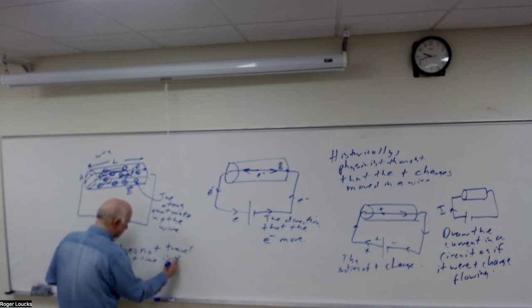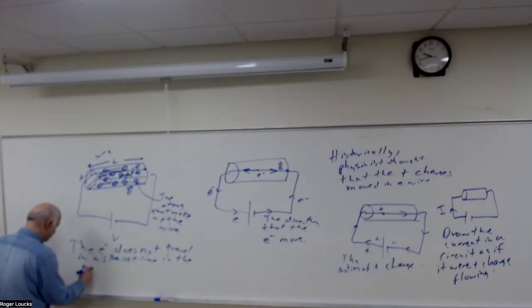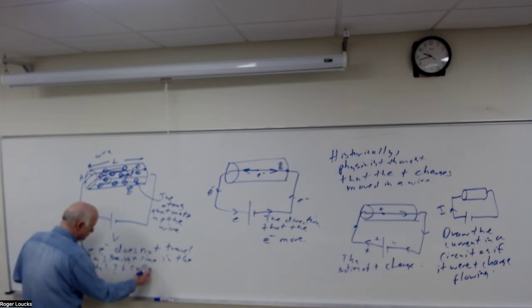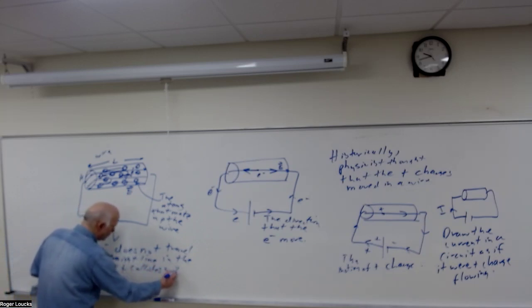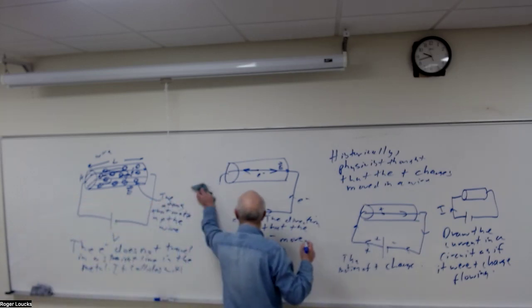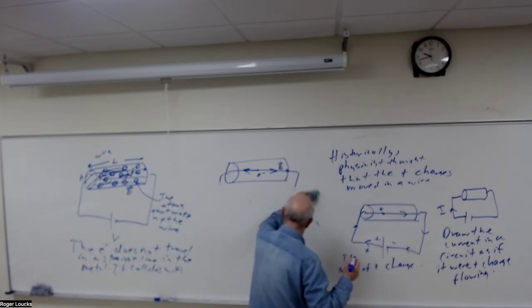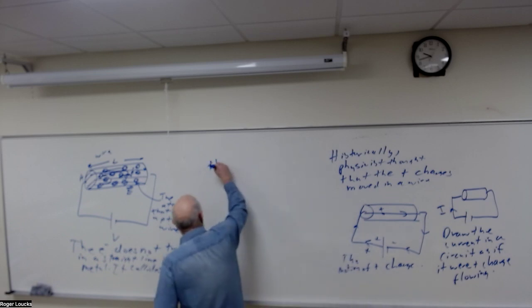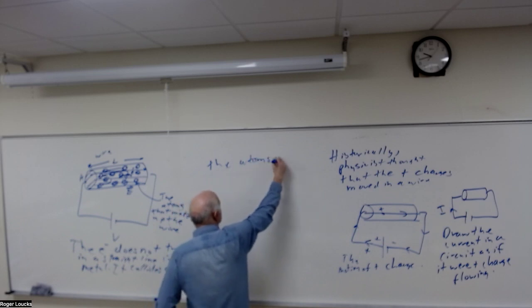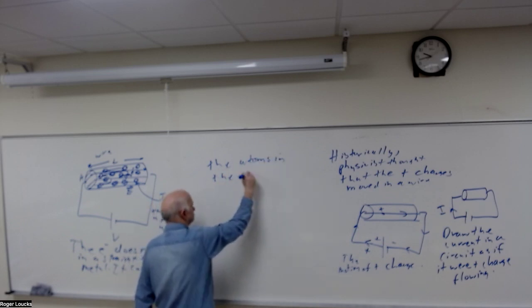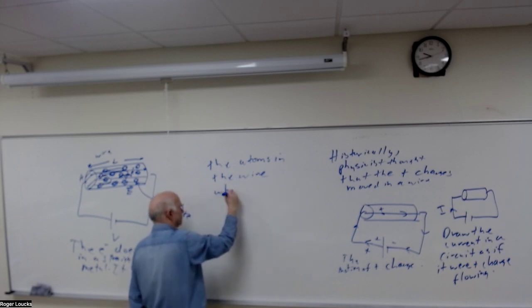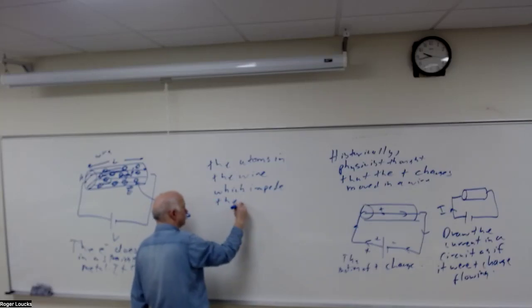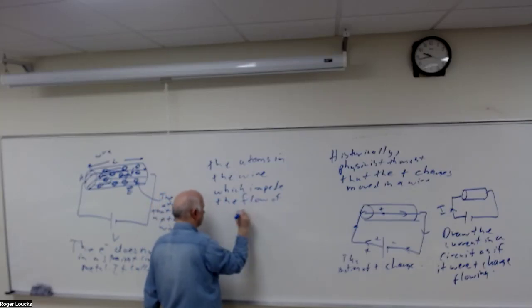And we sure in the middle. Okay, it glides with the atoms in the wire, which impede the flow of the electrons.